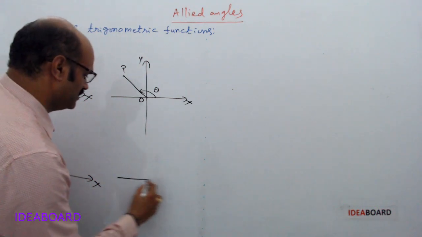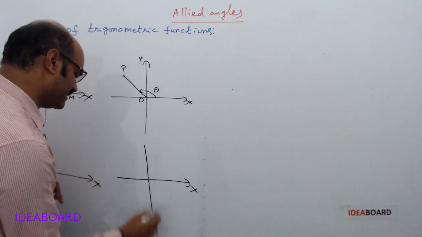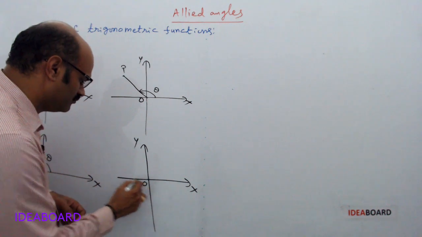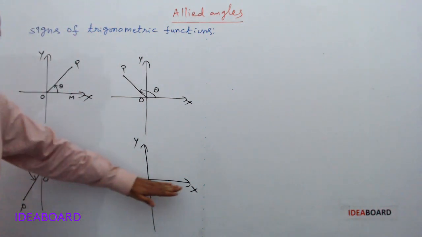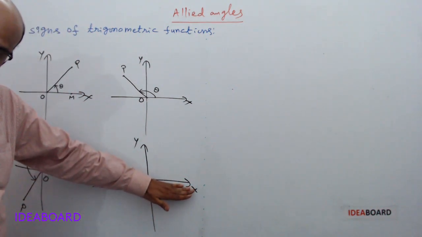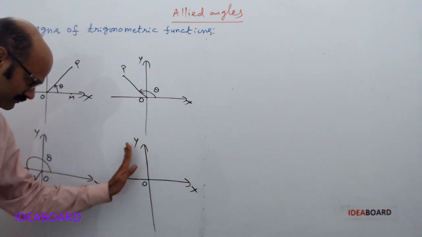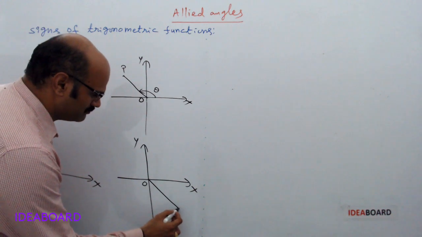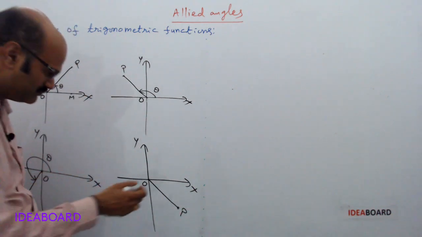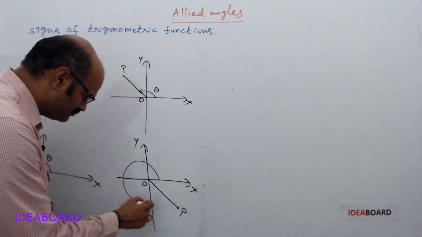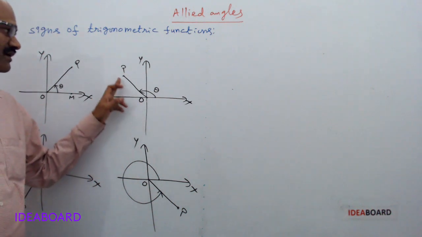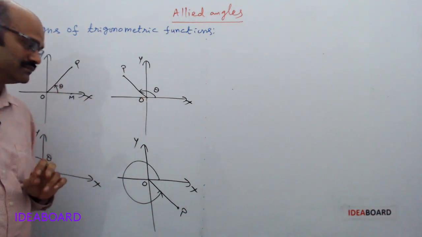Similarly, x-axis and y-axis. Here this is the point O. Let the revolving line start from OX and rotate through an angle theta to the position OP. Here this OP is called the radius vector, or the revolving line.